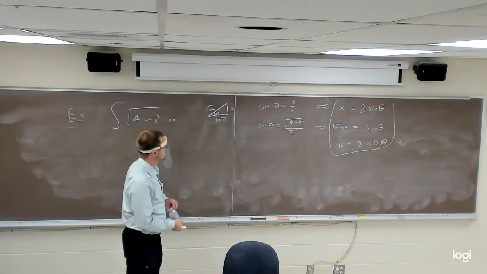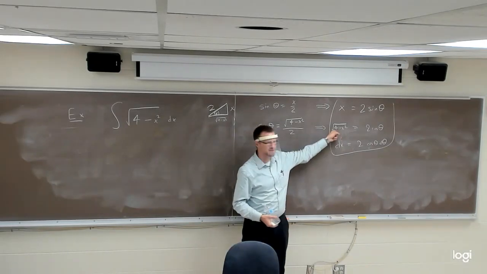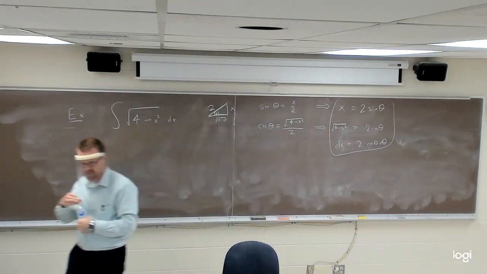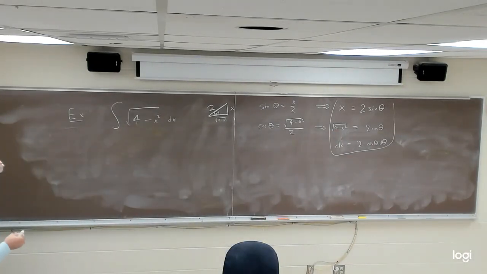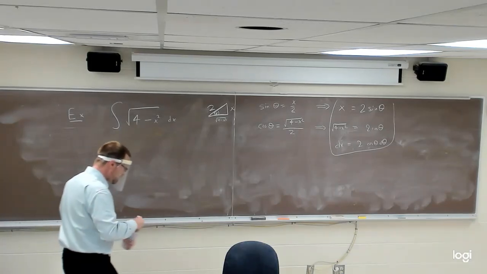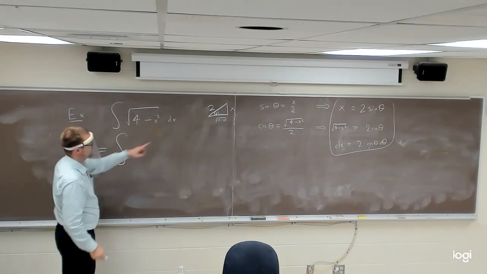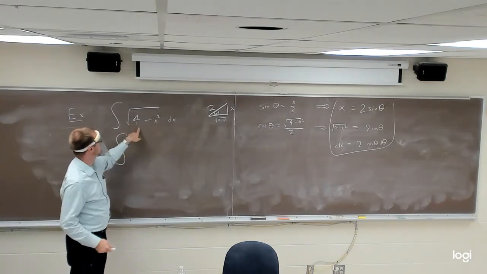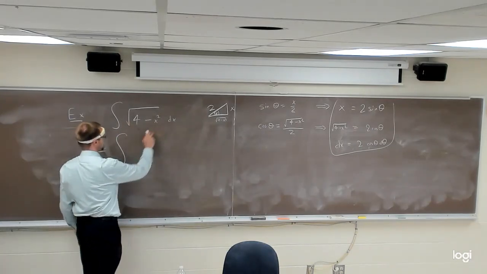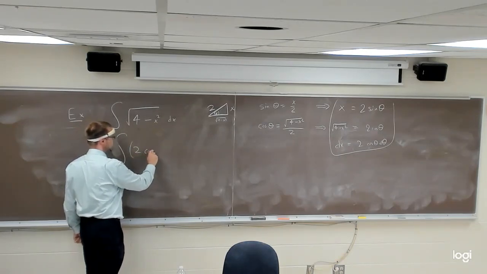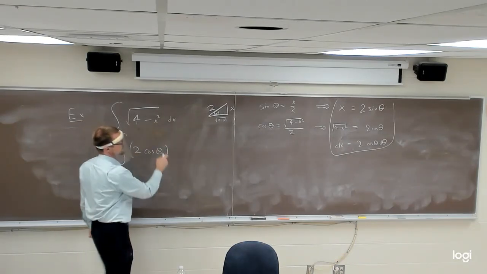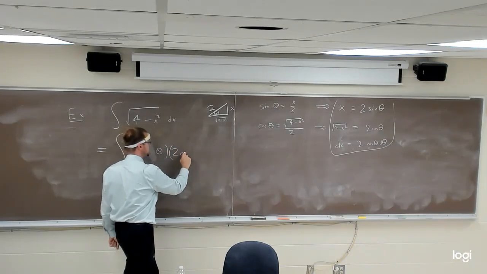I need other expressions in the problem in terms of theta, like the square root. I need dx. Once that's all in place, I just sort of drag and drop everything to where it is over here. So this is 2 cos theta. This is 2 cos theta d theta.